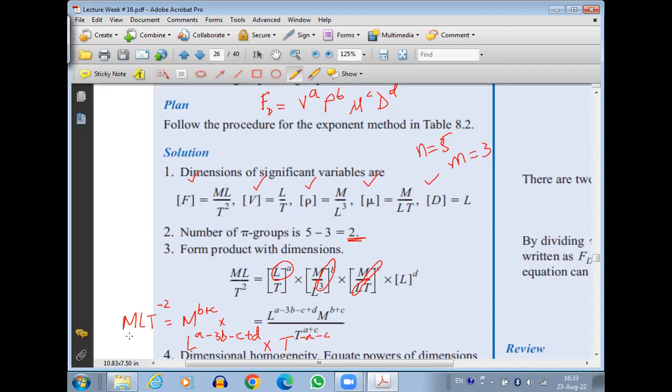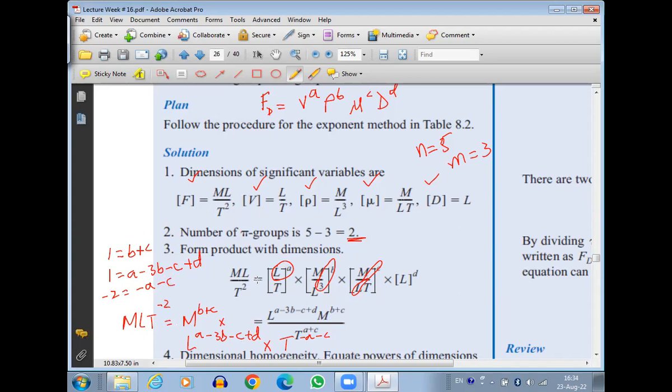Now we just need to equate the exponents for each of the basic dimensions. If we equate for M, 1 equals b plus c. When we equate for L, 1 equals a minus 3b minus c plus d. When we equate for T, minus 2 equals minus a minus c.